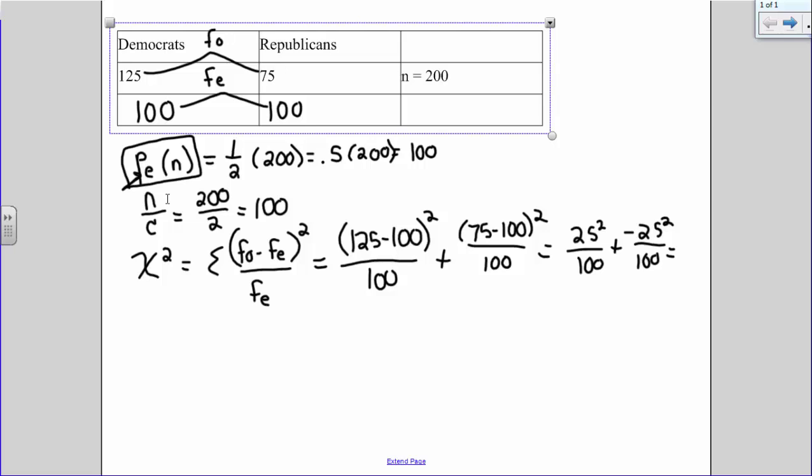Well, 25 squared gives you 625. So 625 divided by 100. And negative 25 squared also gives you 625 because a negative times a negative is a positive. And 625 divided by 100 is equal to 6.25. And you end up with a chi-square for goodness of fit of 12.5.